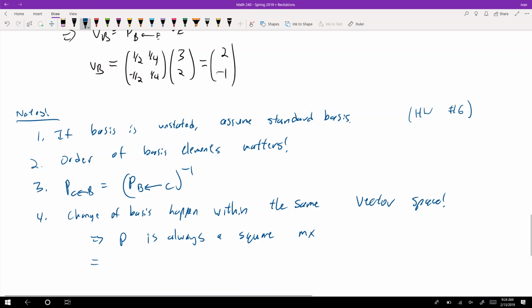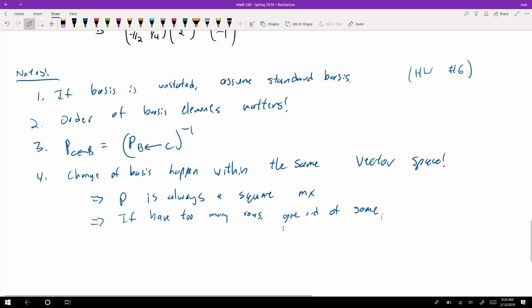So what does this mean? This means if you have too many rows, get rid of some of them. And we'll see an example right here about how to do that. Okay. Example, spring 2016 final.